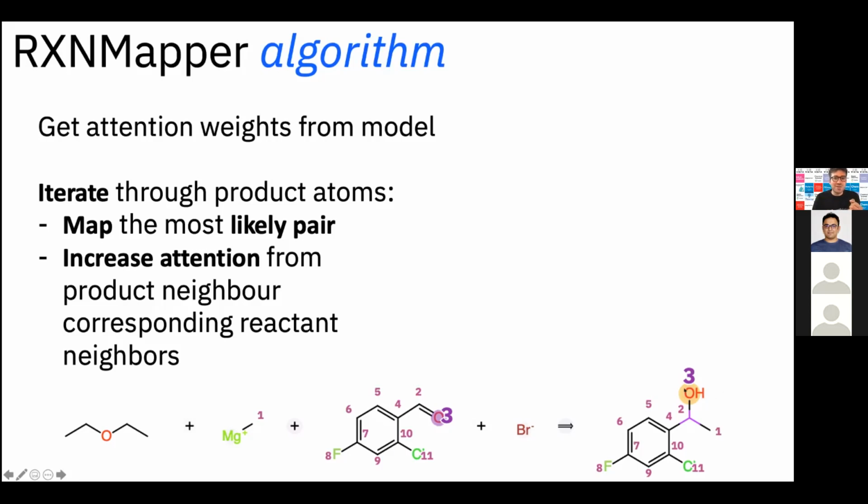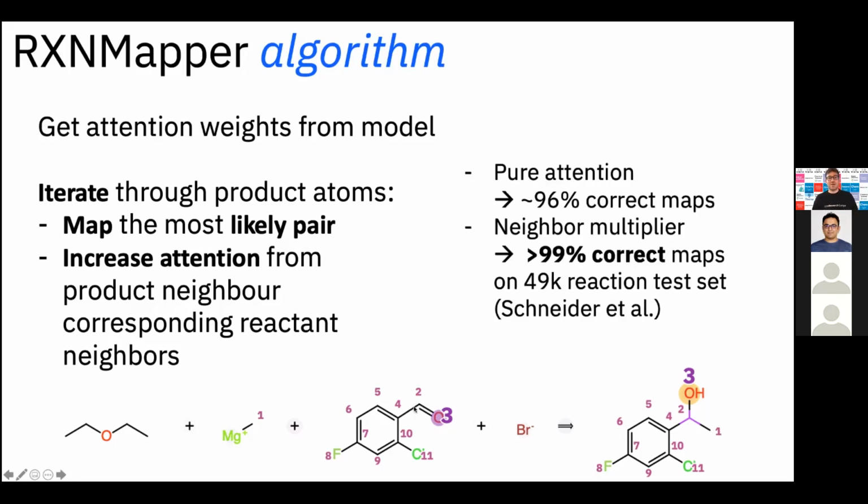With the pure attention, we already get 96% correct maps. And with this neighbor multiplier, the performance even increases to 99% on a test set of 49 reactions published by Schneider et al.